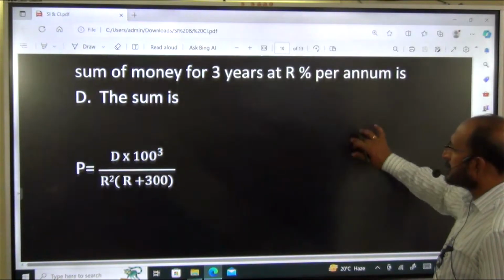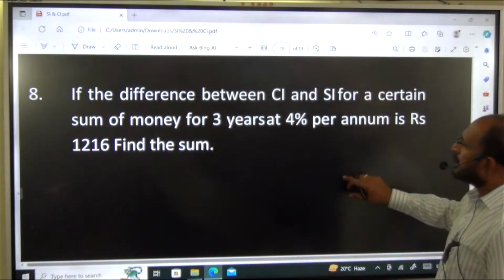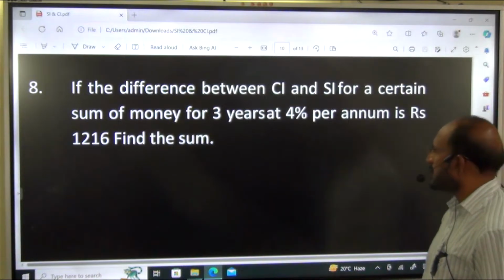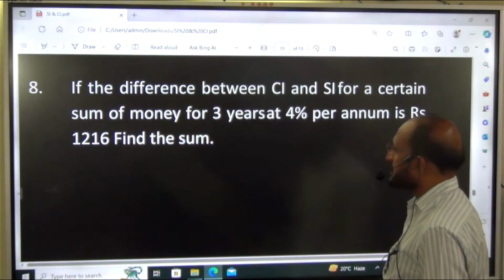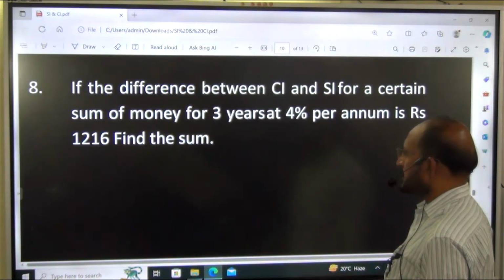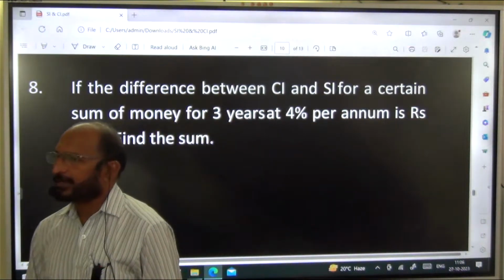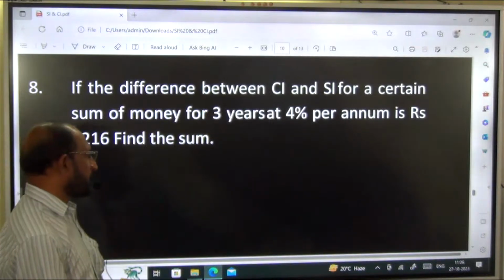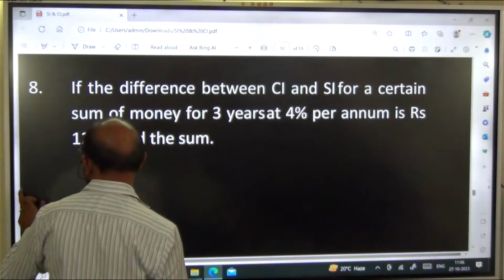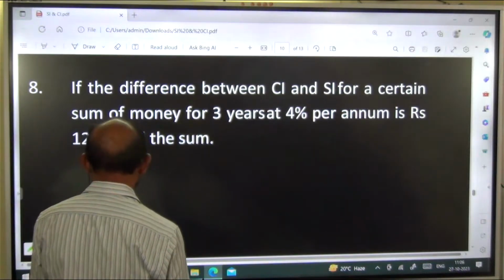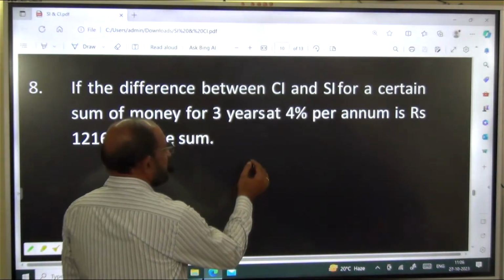Yeah, we'll see that. The difference between the CI and SI for a certain sum of money for 3 years at 4% per annum is 1216. Find the sum. What is the formula?